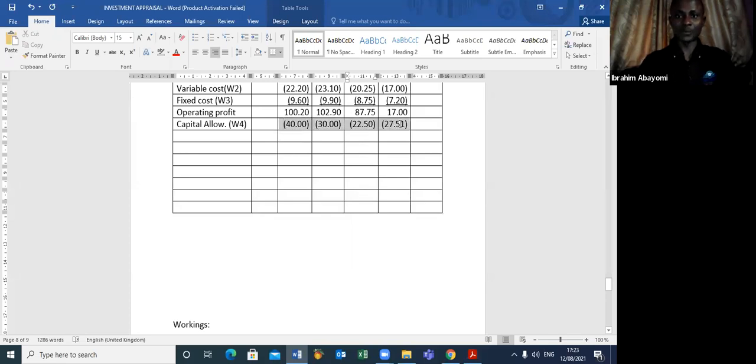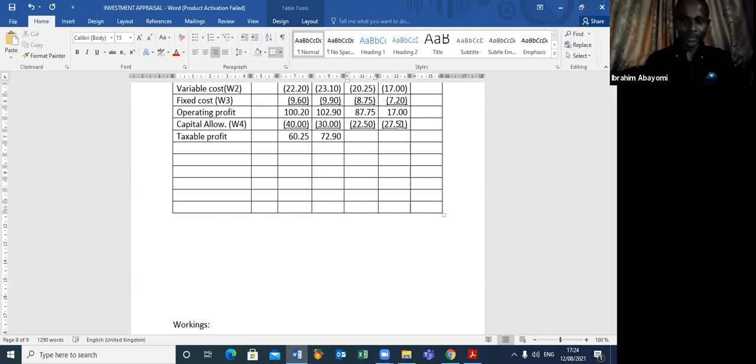Now we can compute our profit. What is our taxable profit? Taxable profit will be 60.25. This one will be minus 30, that should be 72.9.